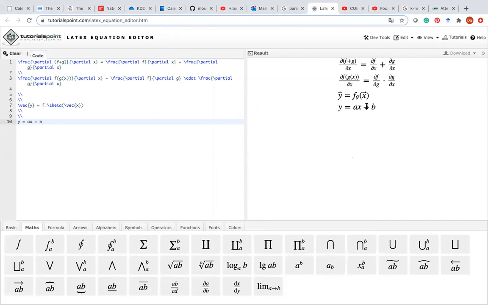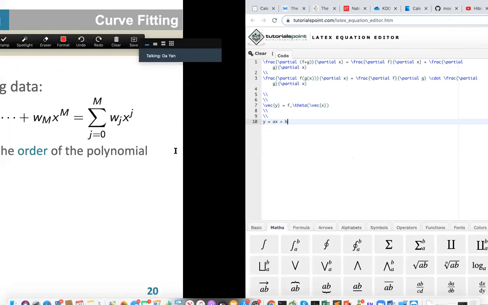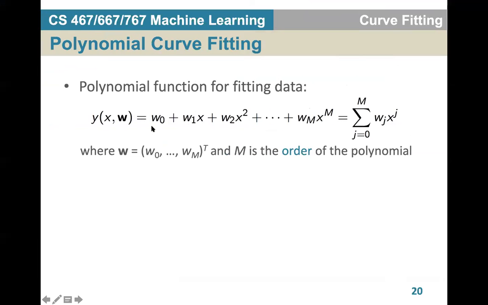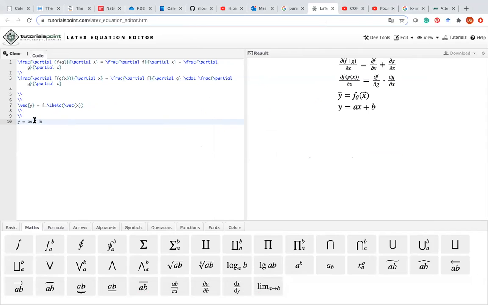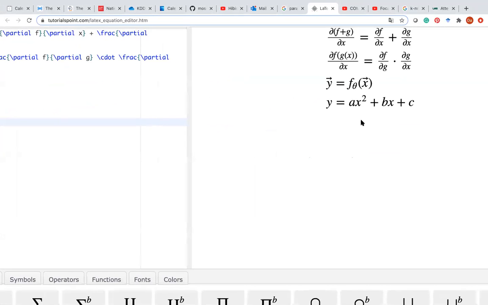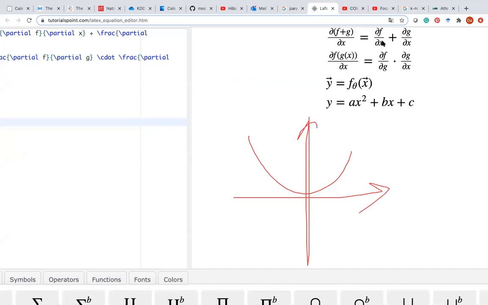This is a line, where a is w1 and b is w0. Then you may have something like ax squared plus bx plus c. This is a parabola, this kind of shape, in x and y. So this is quadratic.